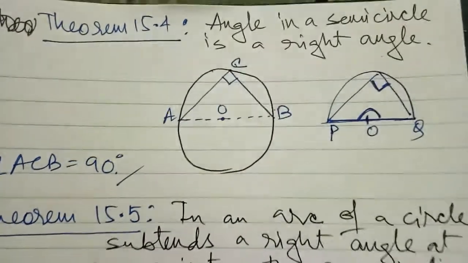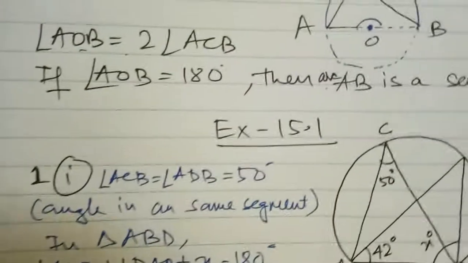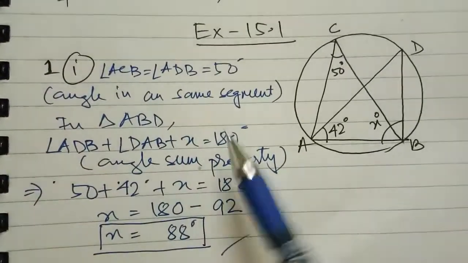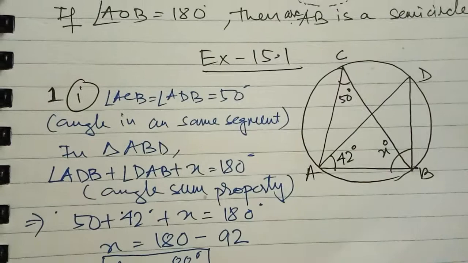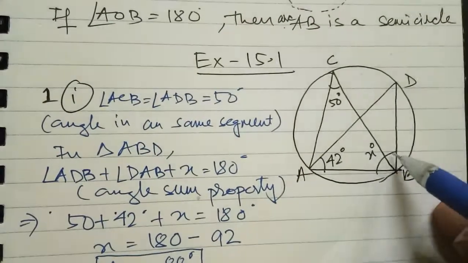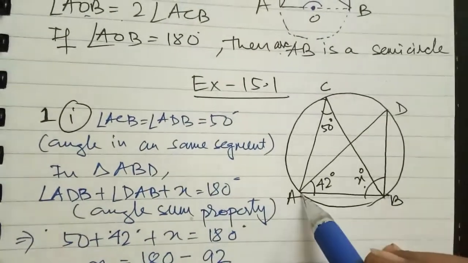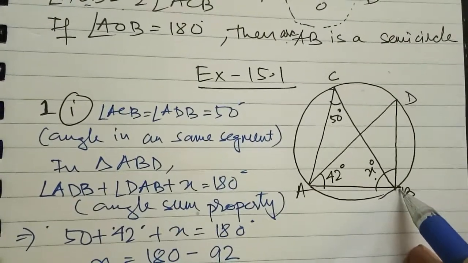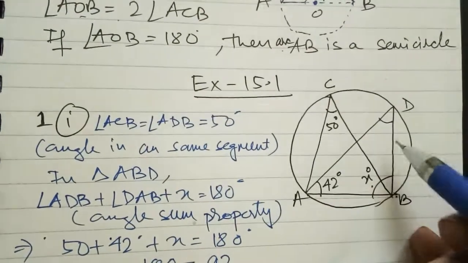Now one question I will take from the exercise only. See, I have solved it over here. What is given? Here they have given a circle. The figure is given in your book also. They have asked to find the value of x. See, AB is a chord. Then this angle and this angle are forming in the same segment.